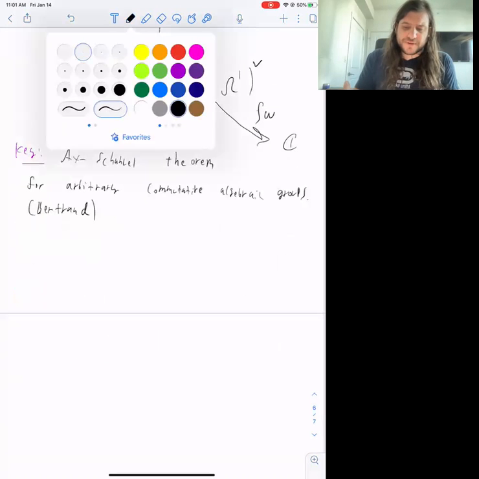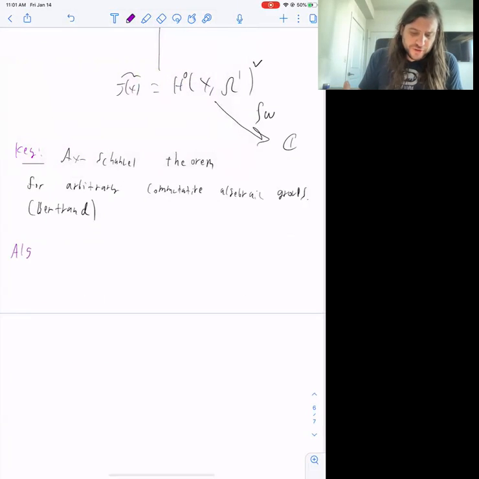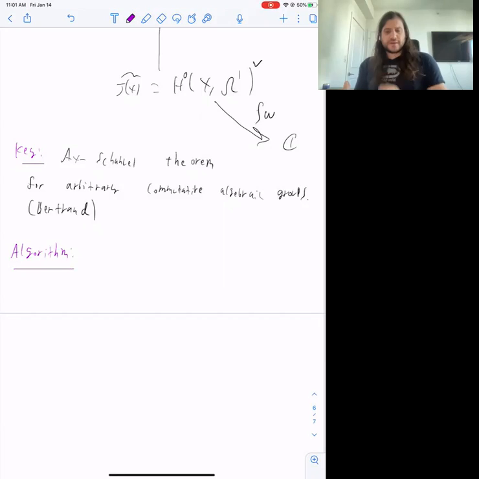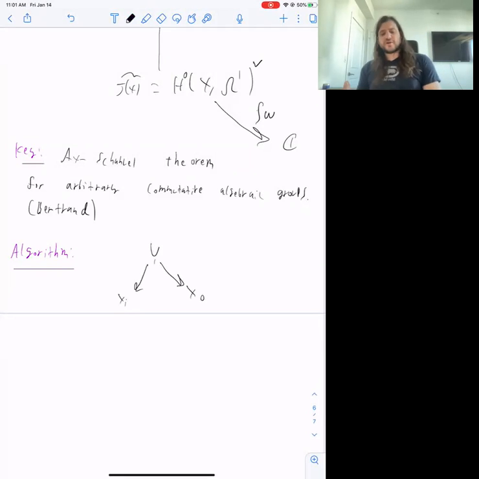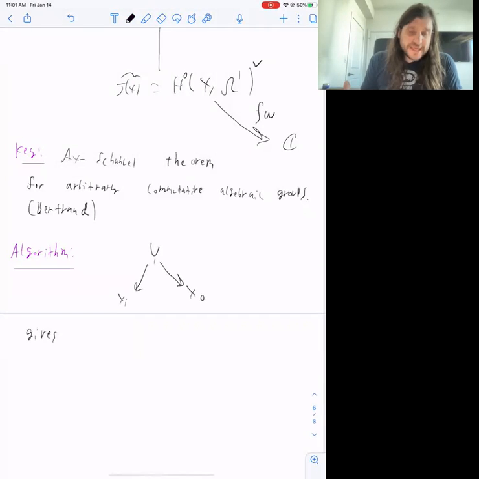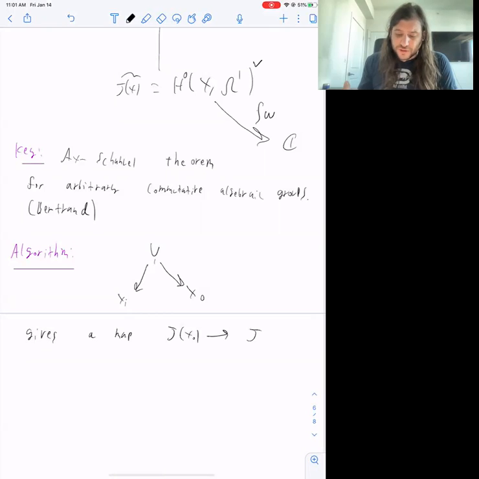So now let's talk about the algorithm, or what goes into the algorithm. Well, the point is that if you have such a correspondence, remember we cared about these kinds of correspondences, Y between two curves X_i and X_0, then this gives, via this pullback and pushforward procedure, a map from the Jacobian of X_0 to the, or of X_i, excuse me, to the Jacobian of X_0.